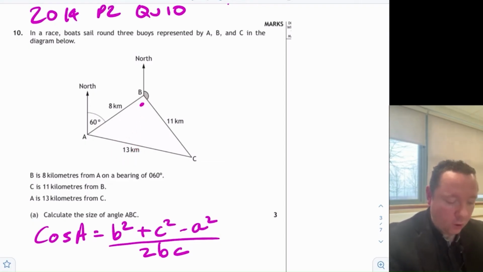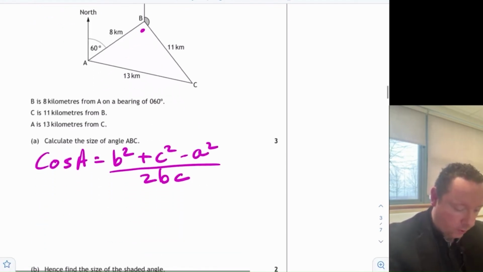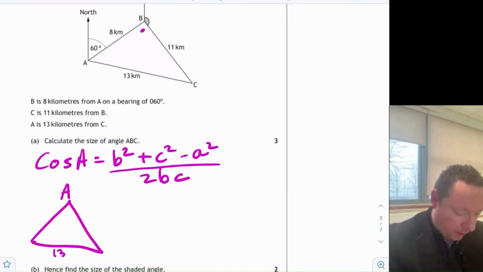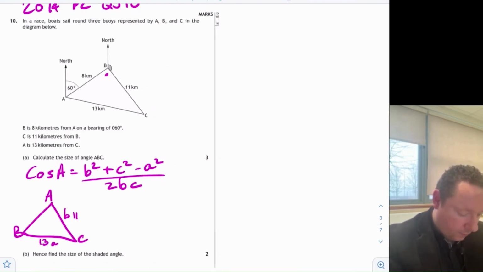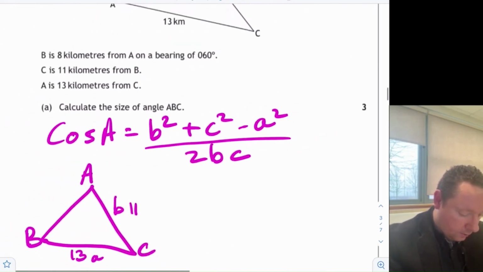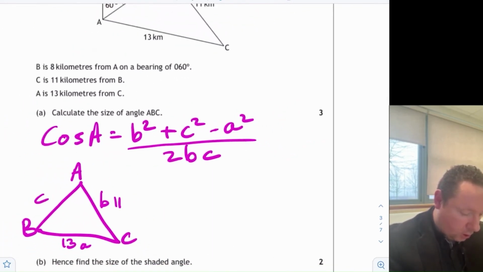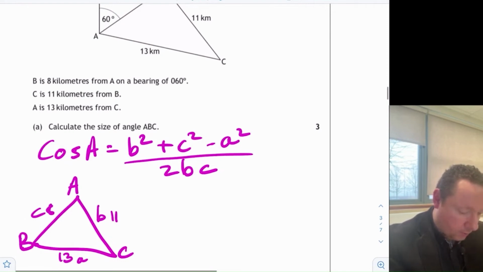If you want to avoid confusion, you can draw yourself a little diagram, like so, and go, right, I'll call that A because that's the angle I want, and then my 13 is my little a. Then the other two sides would be b and c, so b at 11 and c would be the other side, which is 8 kilometres.